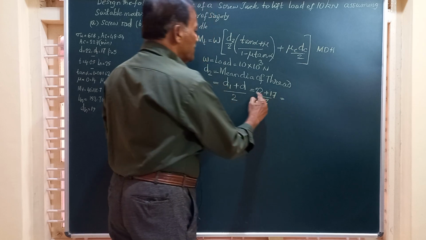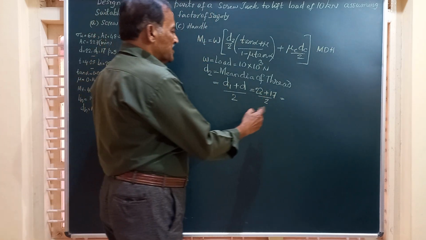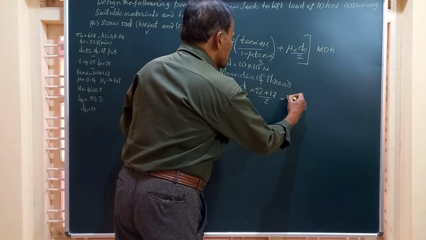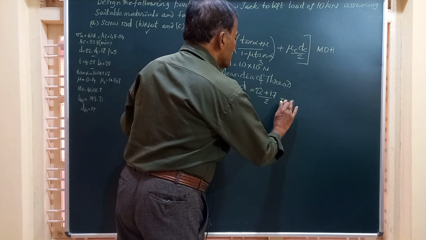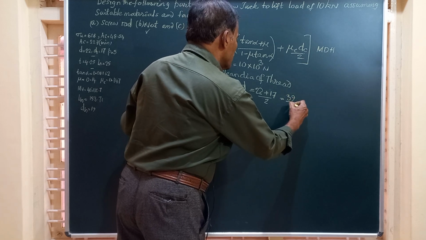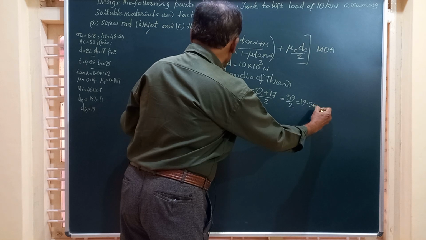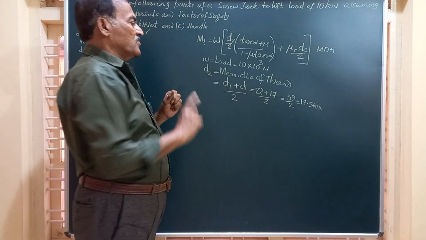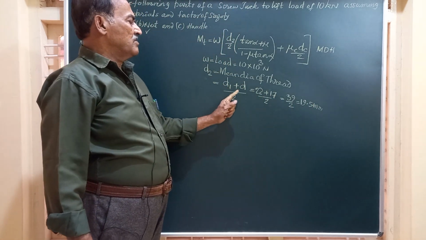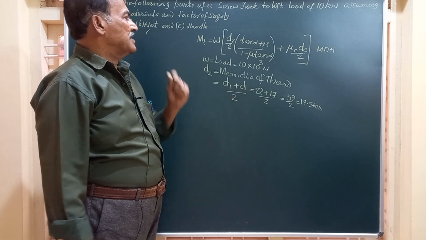So this will be 39 by 2, which is 19.5. 19.5 is the mean diameter of the thread, outside dia plus inside dia by 2. So we have got the value.